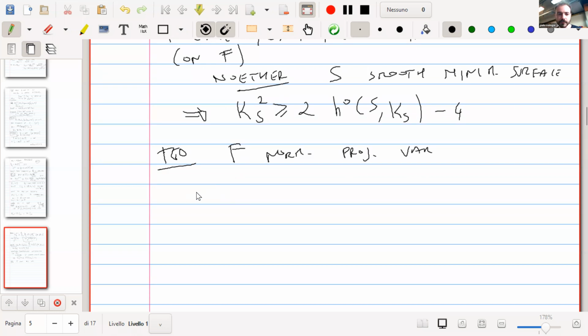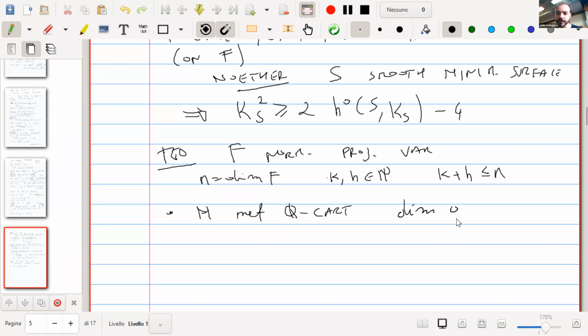You get n to be the dimension of F, K and H natural numbers with K plus H at most n. And then one is given an H and F Cartier divisor with the dimension of the map associated to it, which is blah, blah, blah.